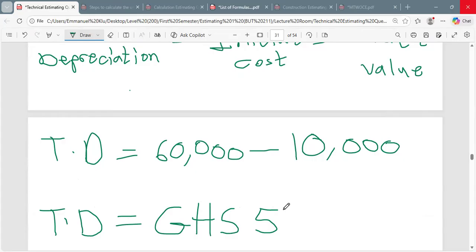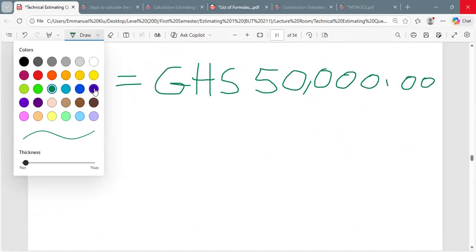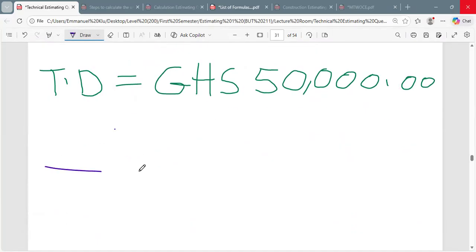Let's all point that together. 60,000 minus 10,000. You see, at the end of it, you're going to be left with 50,000. So that is our total depreciation. So now we can come and calculate our annual depreciation.